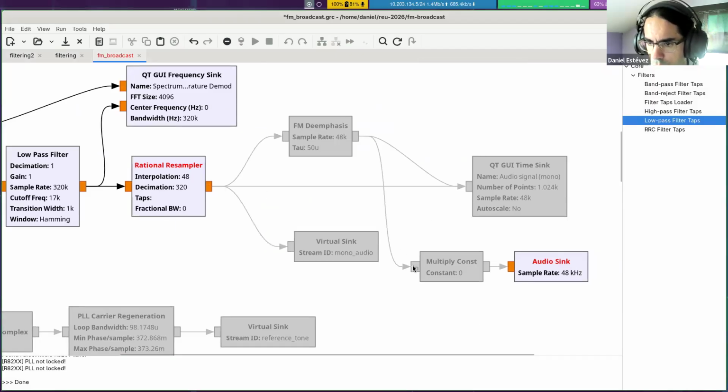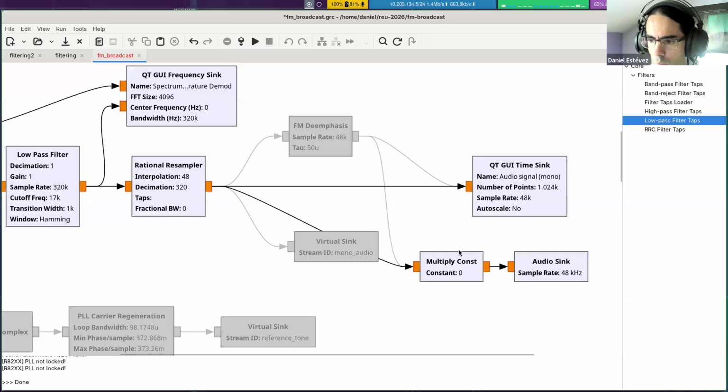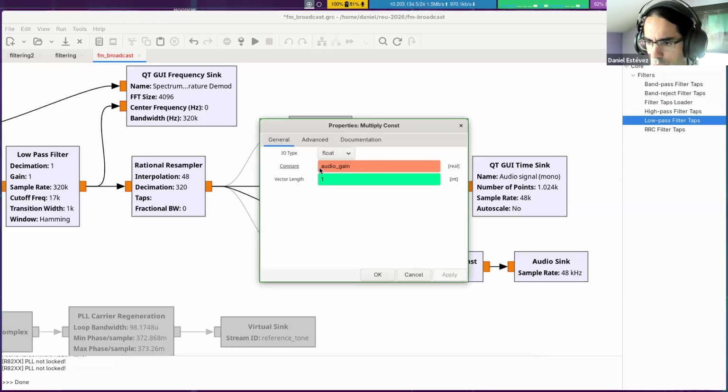What I'm going to do is connect this and enable this one and this one. I have this multiply constant block as a volume adjustment, and I have it set at 0 because I don't want the station playing over my voice all the time. This is controlled by an audio gain, and hopefully I have my audio sharing over Zoom working today.